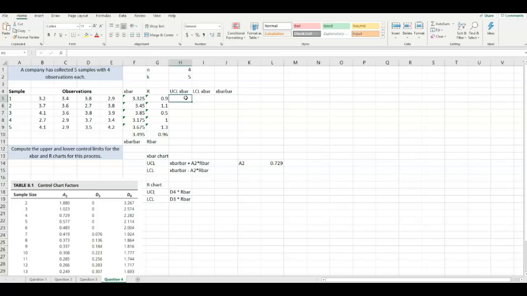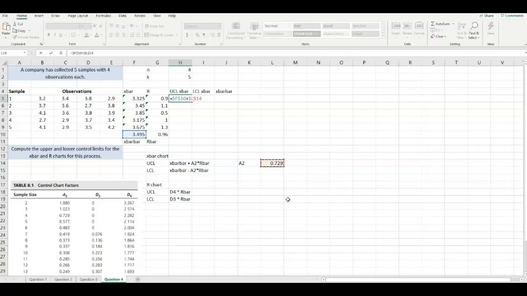So when we do that, we're going to want to make sure that all of our cells are frozen in these formulas. So for the upper control limit, we want our X bar bar, which is this 3.495 that we found. We freeze that. And we add our A2 that we found.